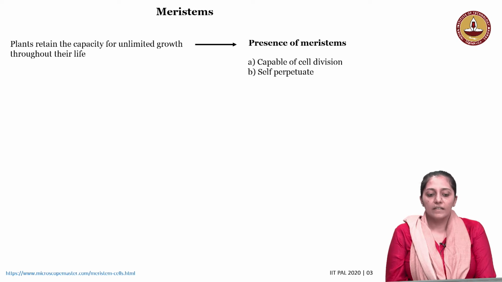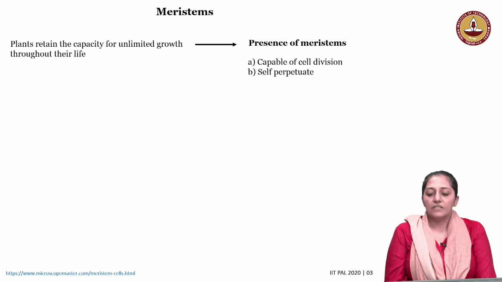So plants retain their capacity for unlimited growth throughout their life. That is a very interesting and peculiar property which plants have, that they can retain their property of unlimited growth till they are alive. This happens due to the presence of these meristems or meristematic regions in the plant.